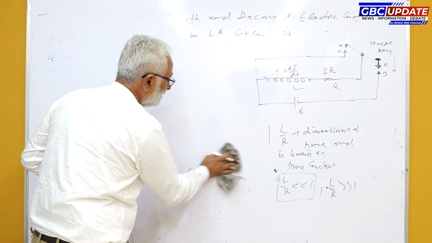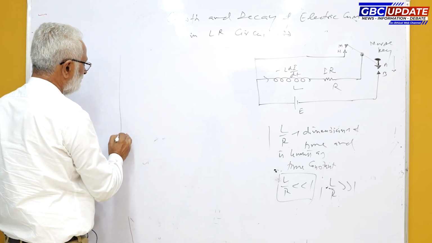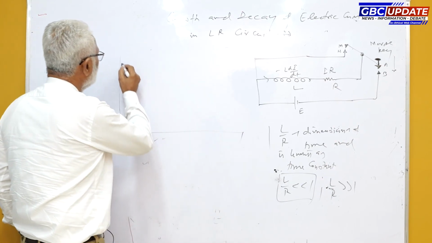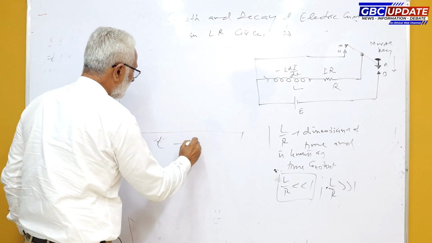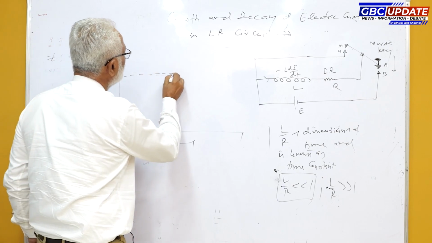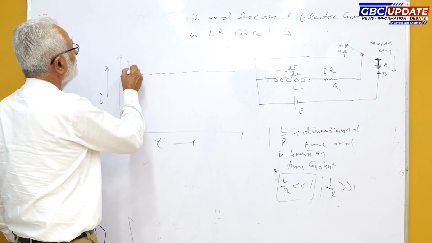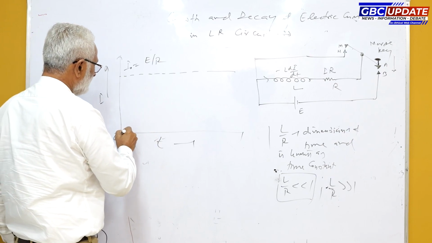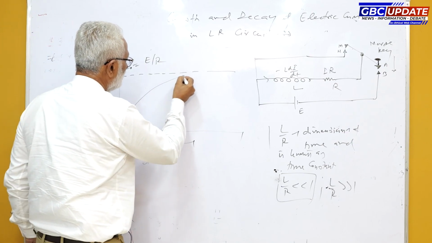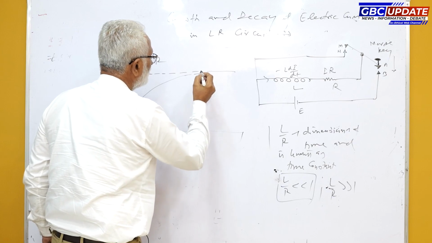time can be graphically represented taking current along y-axis and time along x-axis. Maximum saturation current is I naught, which is equal to E over R, and electric current rises exponentially with the passage of time.